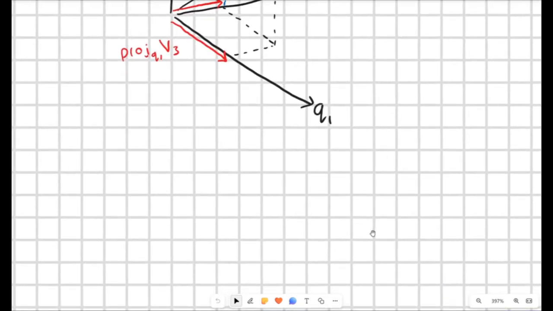So remember that, we'll sketch a proof out here. Remember that Q1 is equal to V1, and so those vectors are pointing in the same direction. So by definition, the span of Q1 is going to be equal to the span of V1. Okay, so far so good.